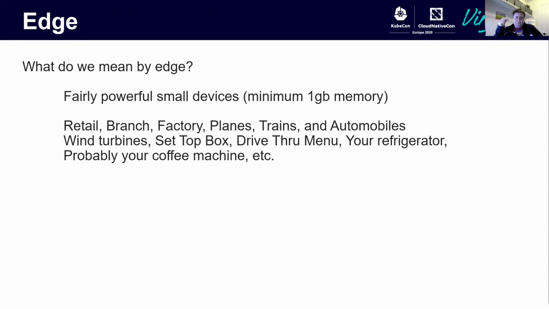Okay, so the type of use cases we're talking about is retail, branch, factory, planes, trains, automobiles, wind turbines, set-top boxes, drive-through menus, your refrigerator, most likely your coffee maker. These ARM computers or even Intel computers are in so many places.